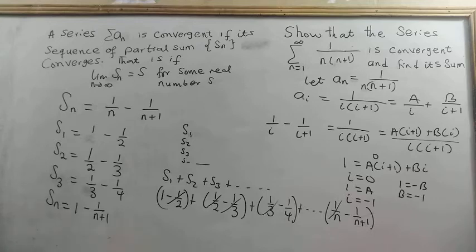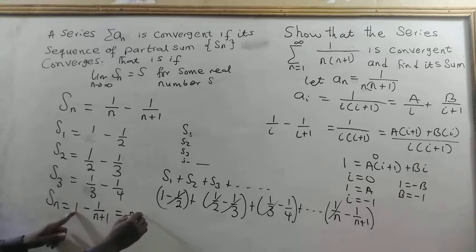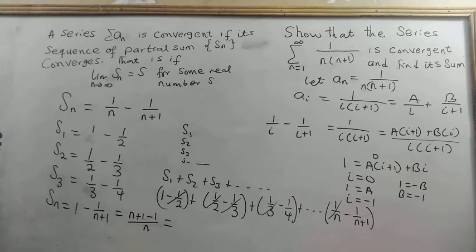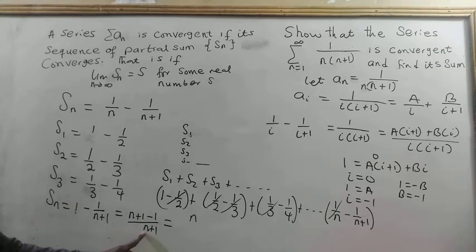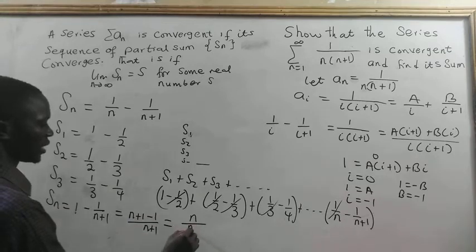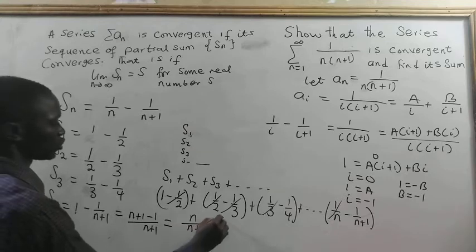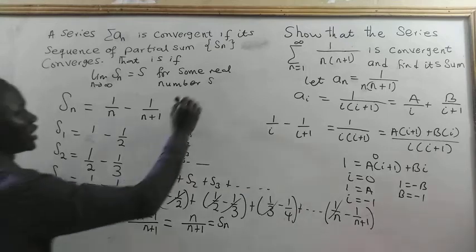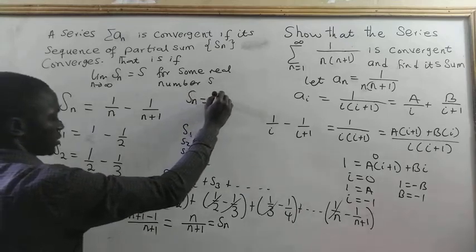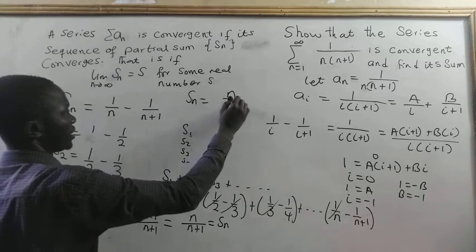And now we can say that this is equal to n plus 1 minus 1 all divided by n plus 1, which is equal to n divided by n plus 1, which is our Sn. So we can find the limit of Sn. Here you have Sn equals n on n plus 1.